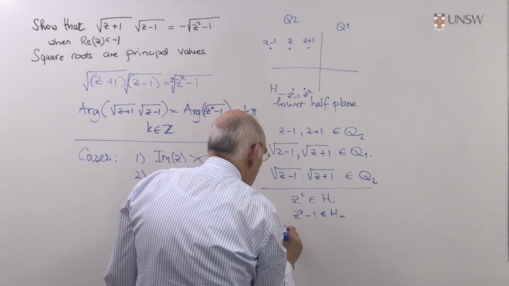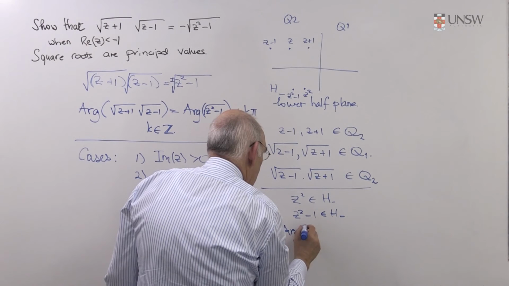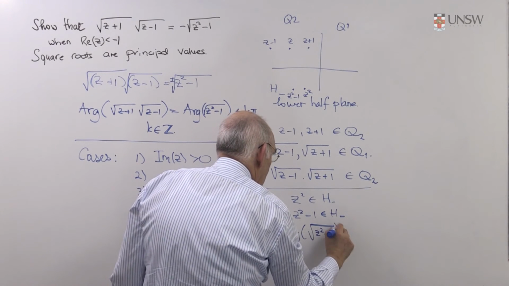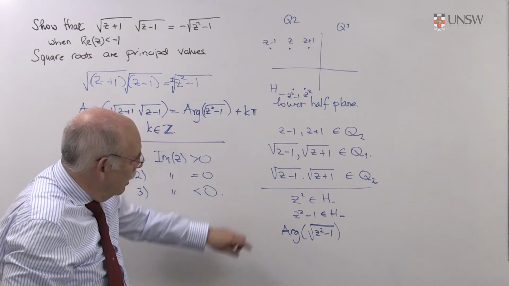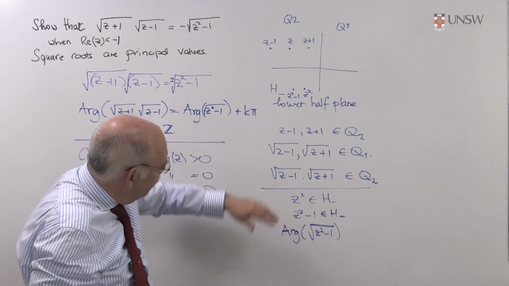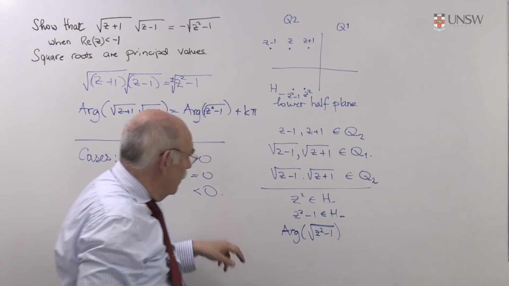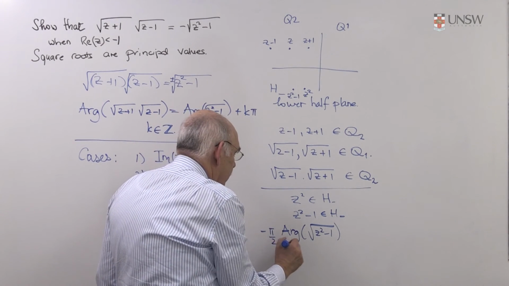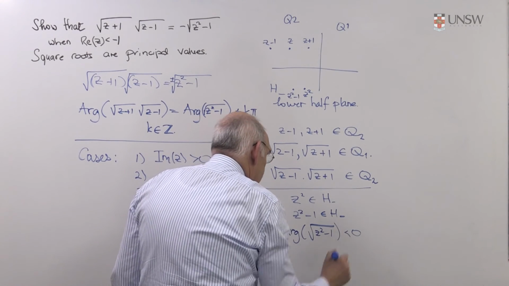And the arg of the square root of that, well, if this has got an arg which is between minus pi and 0, then this is going to be between minus pi over 2 and 0.